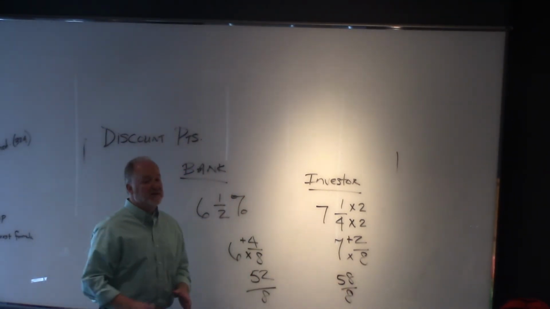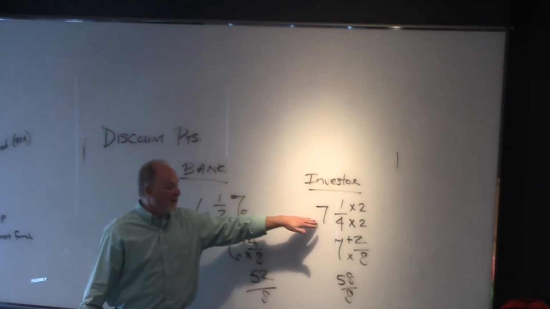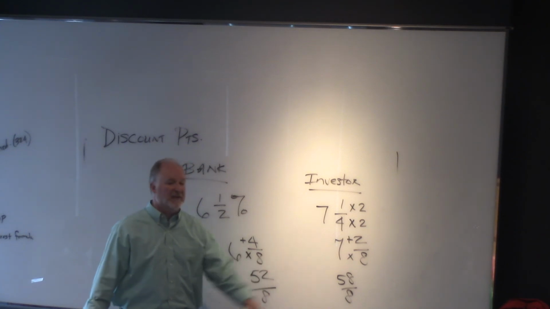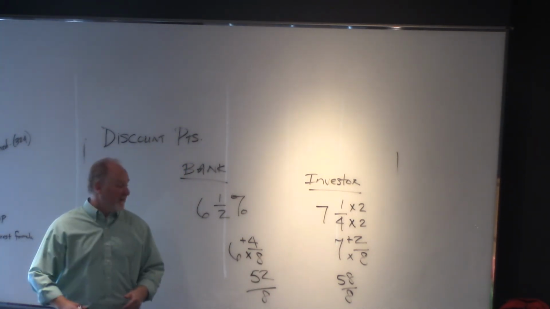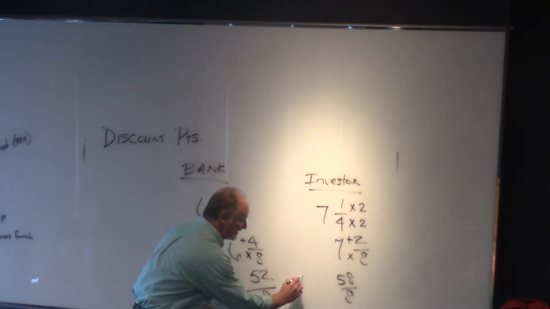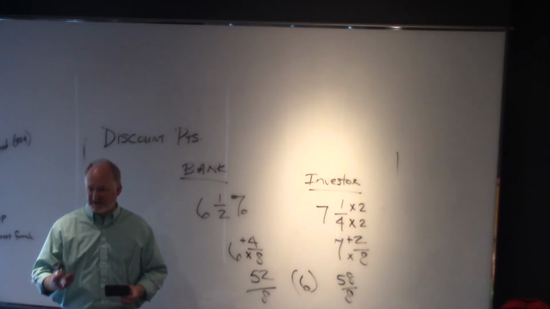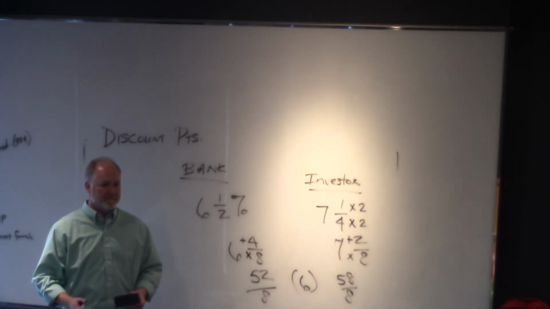Although it's very difficult to automatically jump to the answer from 6 1/2 to 7 1/4, it's very easy to understand that the difference between 52 and 58 is how much? 6. 58 minus 52 is going to be 6. Therefore, 6 discount points. 6 eighths. Okay?